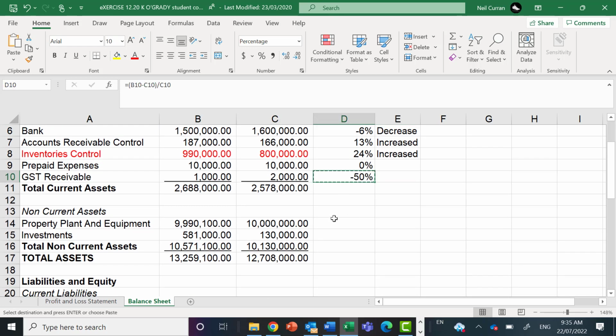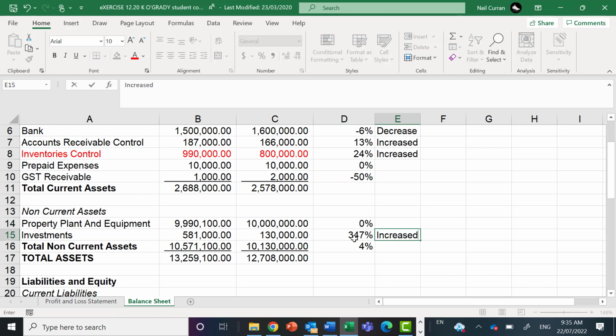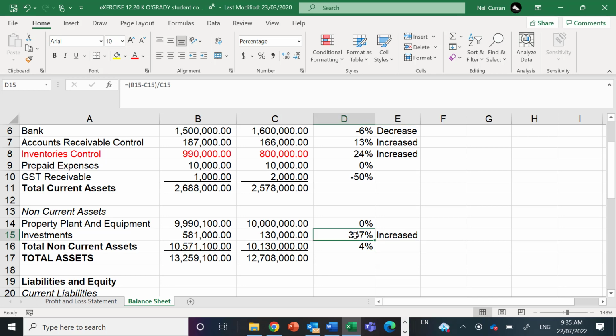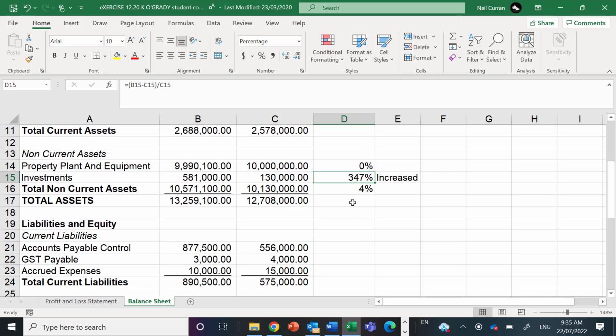So we're going to copy that, and then put that into our non-current assets, and a huge increase here for investments as well. It has increased by 347%.